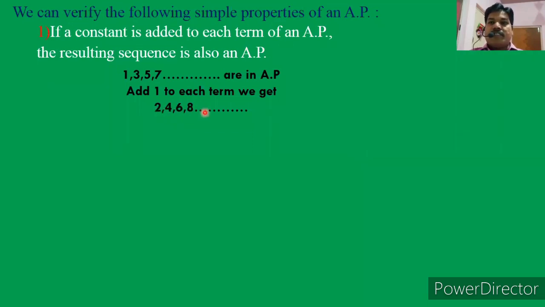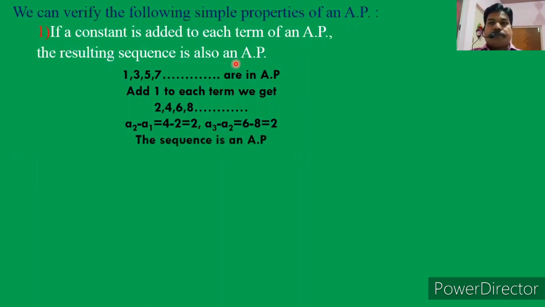Check the differences here. 4 minus 2, that is a2 minus a1, is equal to 2. And a3 minus a2, 6 minus 4, is also 2. 8 minus 6 is also 2. That means the sequence is in AP. So if a constant term is added to each term of an AP, the resulting sequence is also an AP.